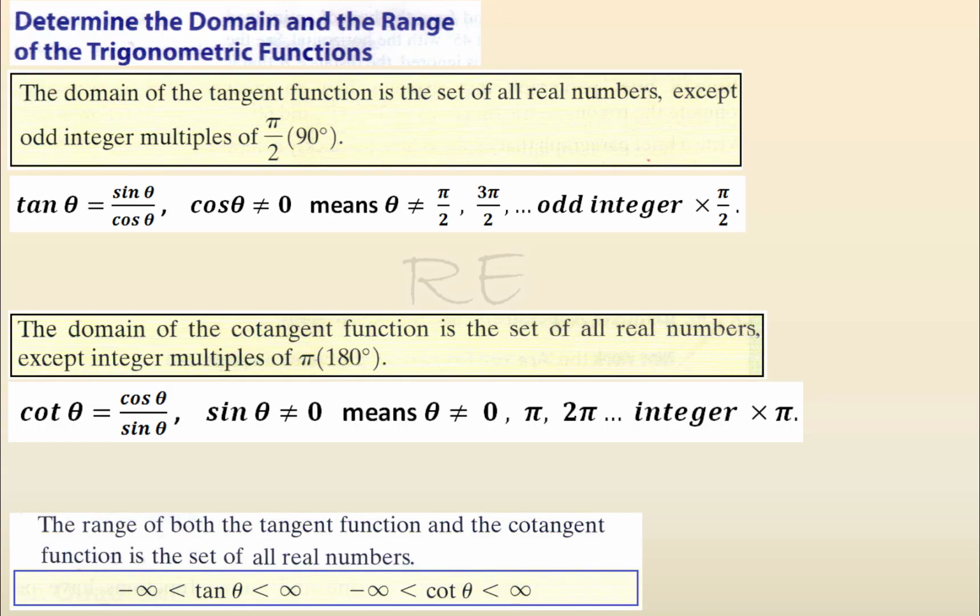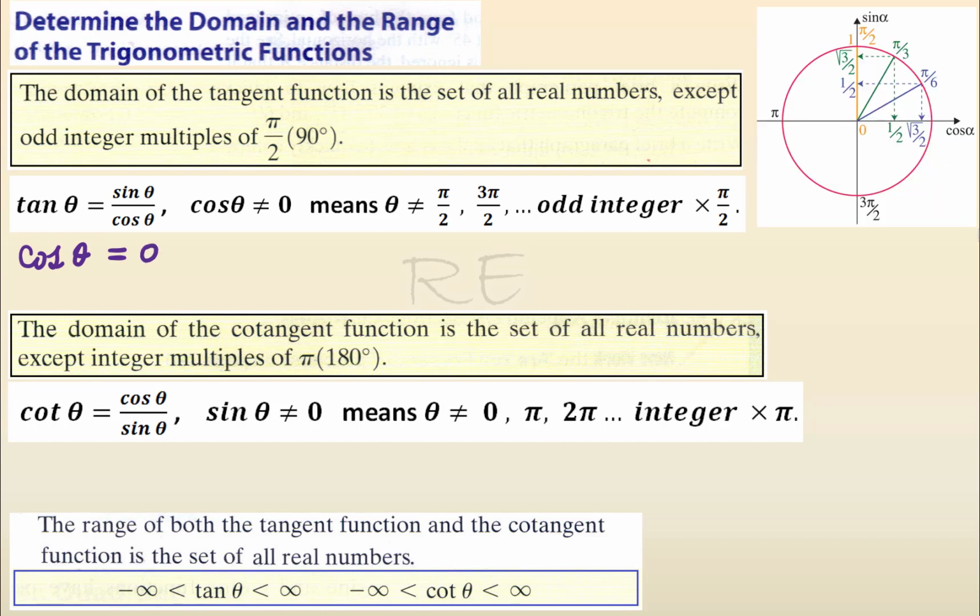Tangent theta is sine theta over cosine theta. It is a fraction. The denominator cannot be 0. If cosine theta is equal to 0, then looking at the unit circle, theta can be pi over 2, 3 pi over 2, 5 pi over 2.